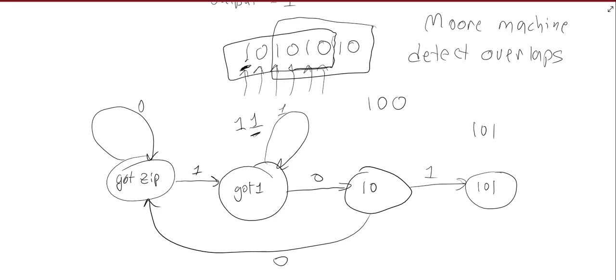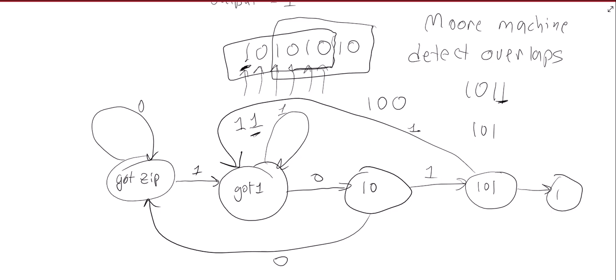Now, what happens if we get a 1 again? So if we get a 1 again, we're at 1, 0, 1, 1. Well, the only thing we have towards our sequence is that single 1. So that's going to take us back to this state right here. But if we get a 0, then we'll advance to the next state, and we'll have 1, 0, 1, 0.